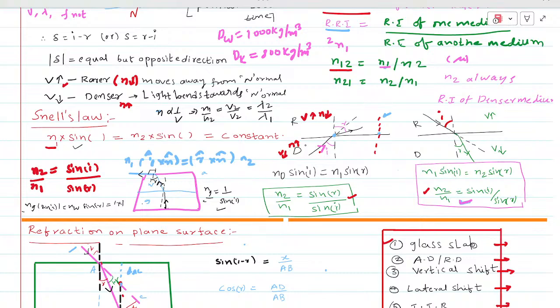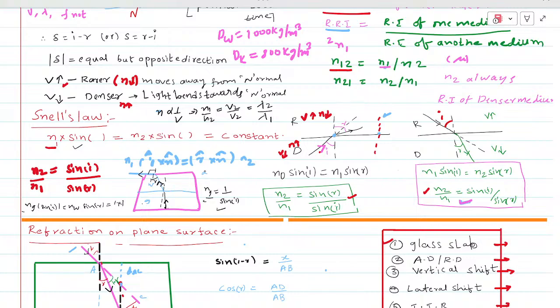The vector form of Snell's law we can write like this: n1 into I cap cross n cap, that is, in the n1 medium the unit vector of the incident ray and the normal, is equal to the unit vector along the refracted ray crossed with the normal, into n2.